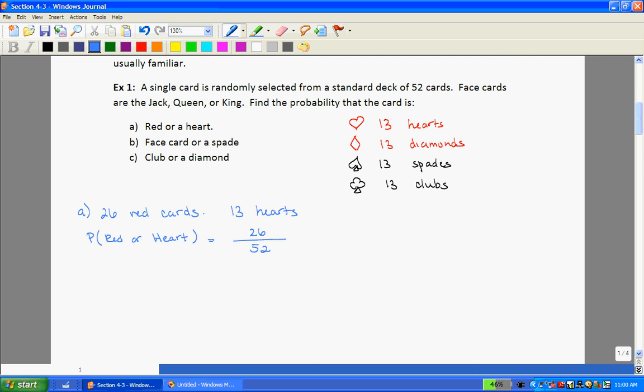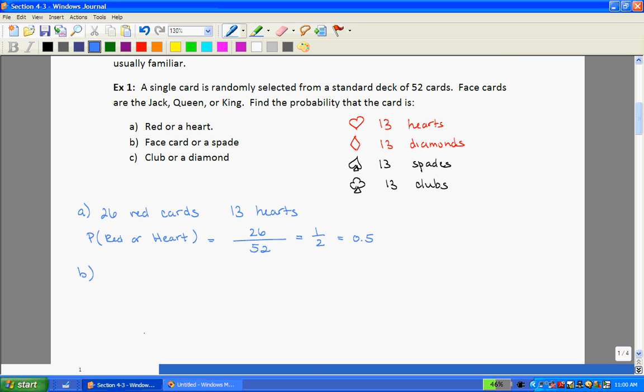I don't want to count those twice, because of the red cards I have hearts and diamonds, and although there are 13 hearts, I would be counting them twice. So really there's only 26 cards that are either red or heart. And with your probabilities, you want to make sure to always reduce your fractions or take it down to a decimal. It depends on the direction, so make sure you pay attention to that. So the probability that the single card we pulled is red or a heart is 26 over 52, or 1/2.